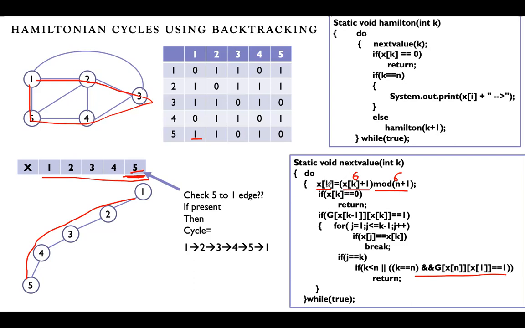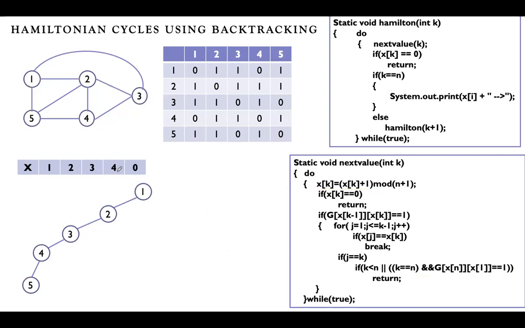So in the next iteration, x of k will become 0. We have to find out the other cycles, so we have to find all the next possible combinations. This value will become 0, and then we'll go back and find out what vertices should be there in this location.